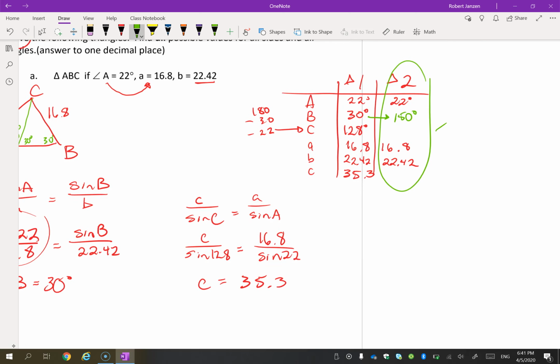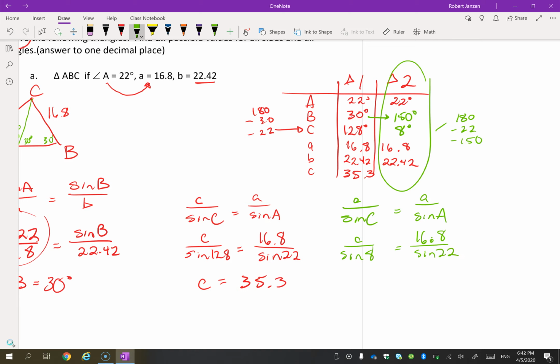So to get the angle, you're going to go 180, take away 22, take away 150, which gives you 8 degrees. And then figuring out side C, we're going to get C over sine of 8 and 16.8 over sine of 22.